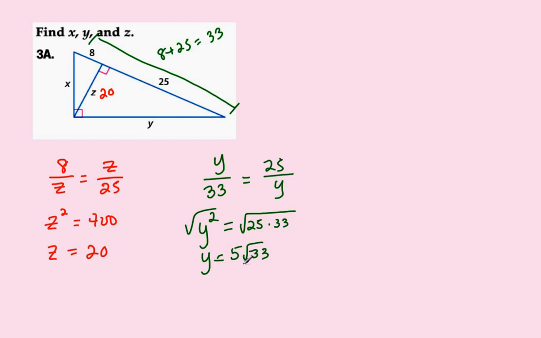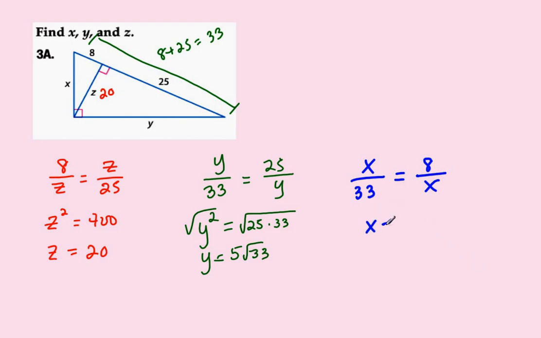And then I can do a similar thing for x. I can say that the leg is the geometric mean, and this is exactly how I would do my setup. I would write those x's in first, between the entire hypotenuse and the adjacent hypotenuse segment.